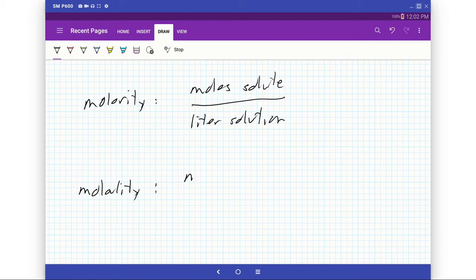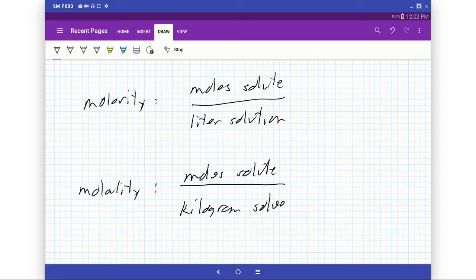It is moles of solute per kilogram of solvent. Moles of solute per kilogram of solvent.